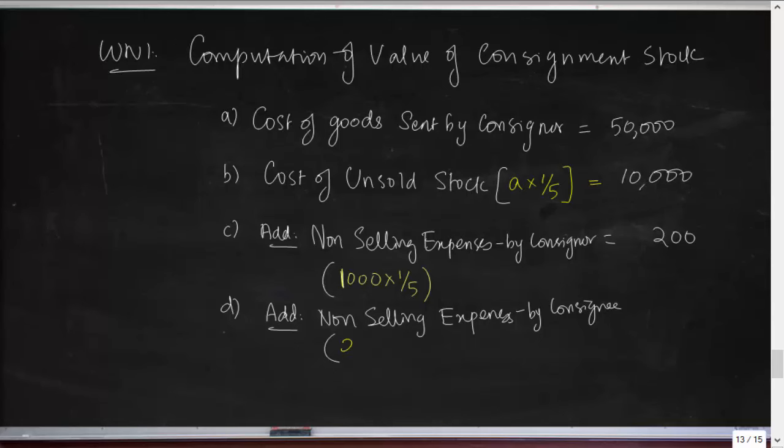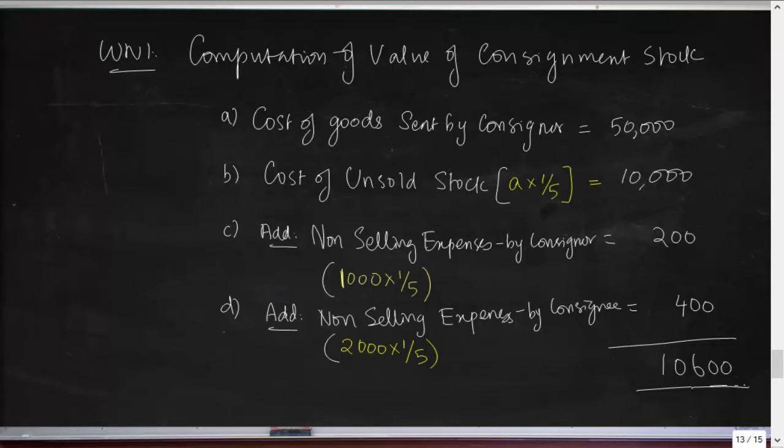On this 2000, we have to consider 1/5 because 1/5 worth of stock is still remaining unsold. So 2000 multiplied by 1 by 5 is 400. Now let us total all three. If we total this, we'll get the value as 10,600. So 10,600 is the value of closing stock.